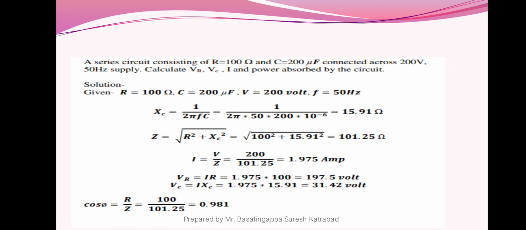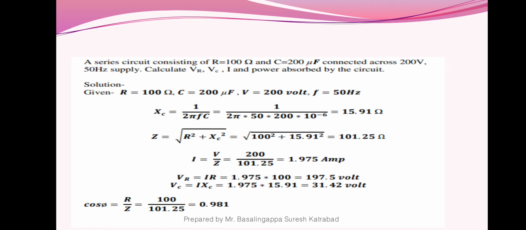It is an RC circuit, series circuit. So XC equal to 1 upon 2 pi FC, 1 upon 2 pi into 50 into 200 into 10 raised to minus 6. By putting these values in calculator, we will get 15.91 ohm.